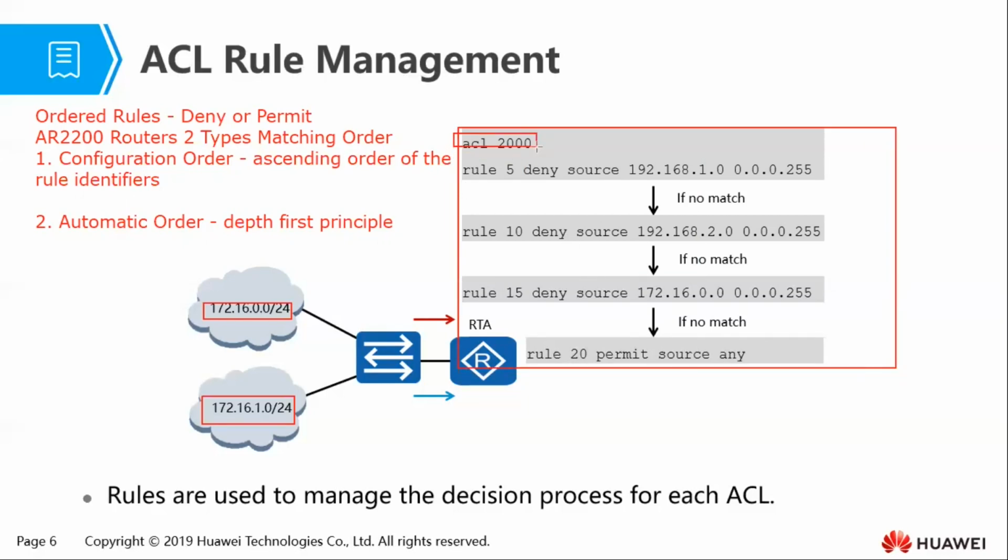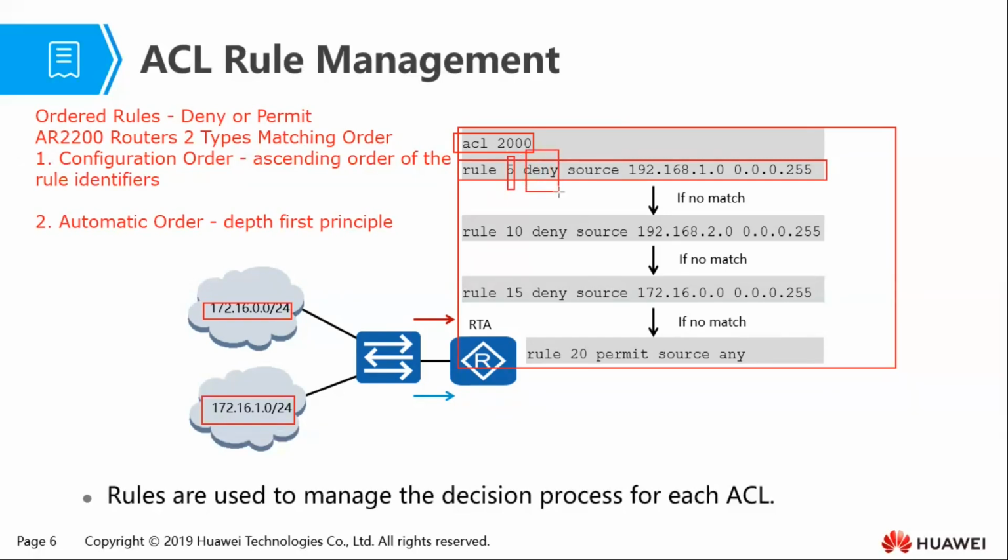We've created ACL 2000. Now, in this access control list, we will have many rules. For example, the very first rule is rule 5. This is the rule identifier. Rule 5 has a deny clause.